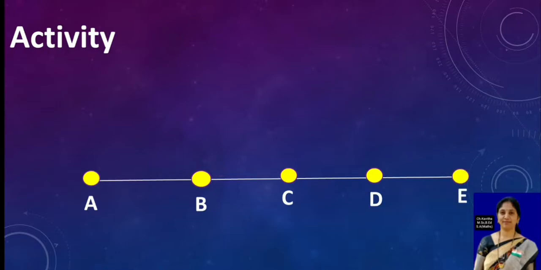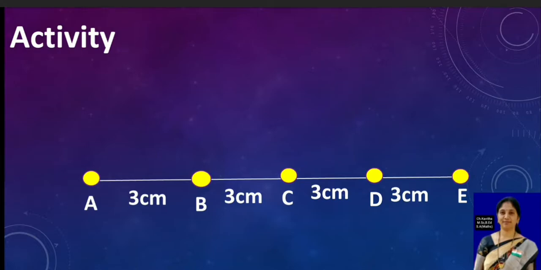That is, AB is 3 centimeters, BC is also 3 centimeters, CD is also 3 centimeters, DE is also 3 centimeters. If you observe, the distance from A to C is 3 and 3, so it becomes 6 centimeters. And the distance from A to D is 9 centimeters. Like that we get.